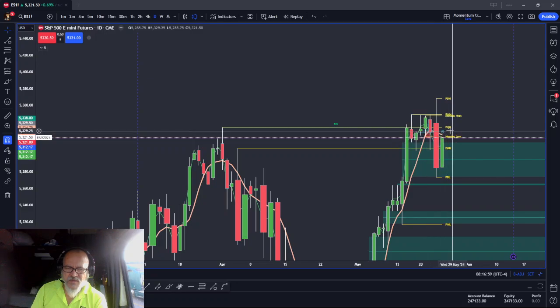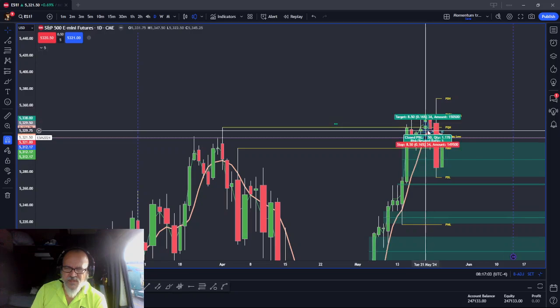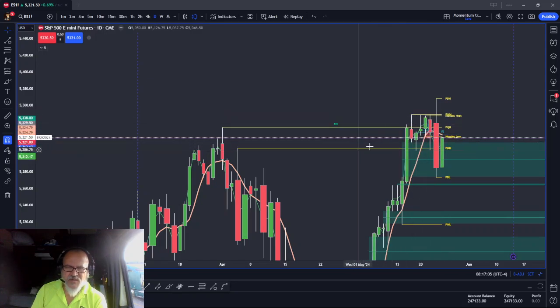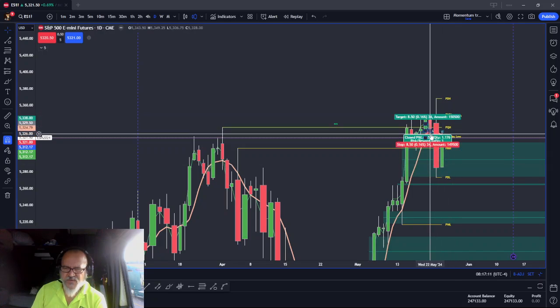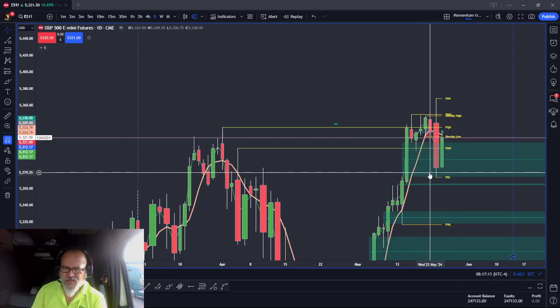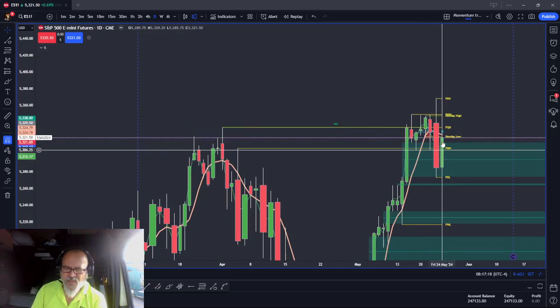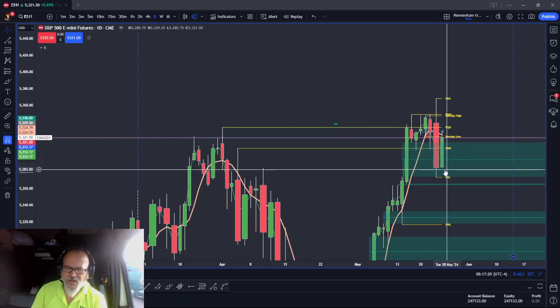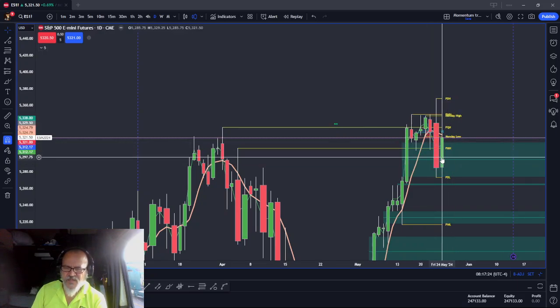So we took out this high here and really didn't have much displacement. So we had one nice big candle down, well, one candle, then a nice big 2 candle, but this did not create a fair value gap because Friday pushed up through it.